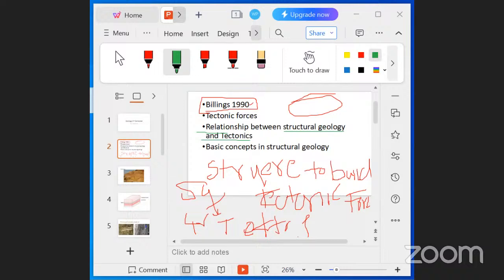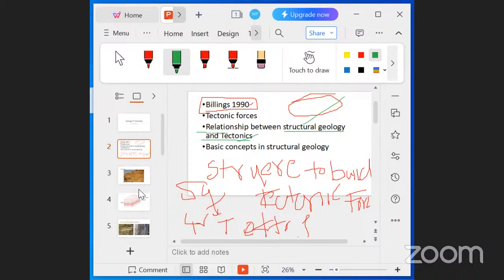Therefore both are responsible for the building of the Earth's lithosphere.